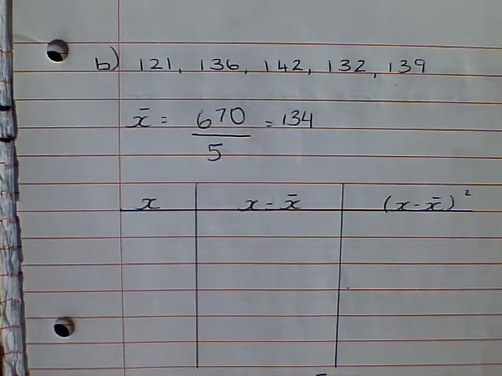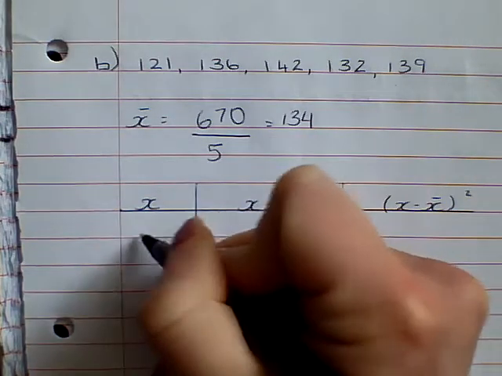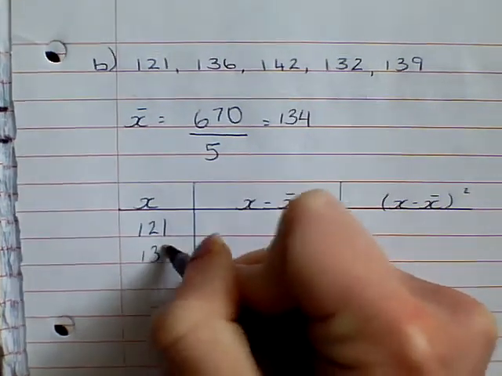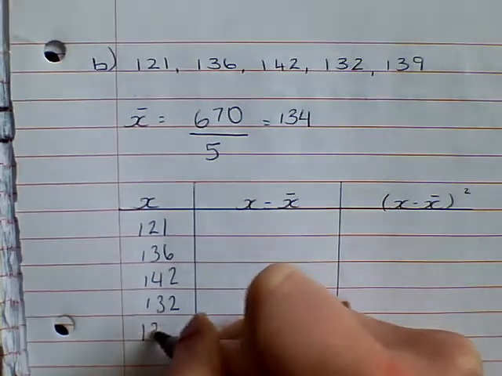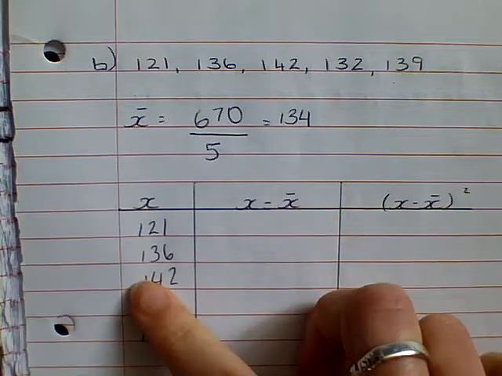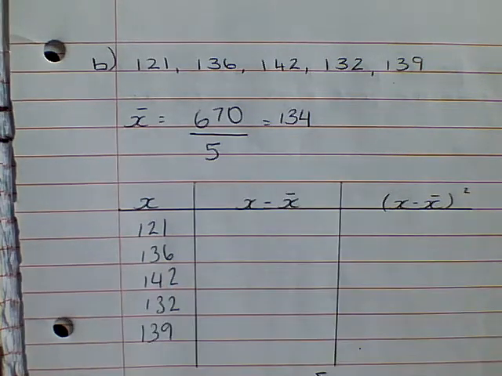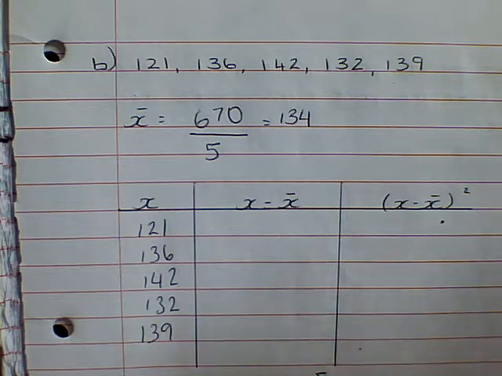Right, going on to the table, I'm going to list all these numbers in the number column. So 121, 136, 142, 132 and 139. The middle column is that number subtract the mean. So again, I'm going to use blue pen just to show you that you don't need to actually write this, but I'm showing you the step.